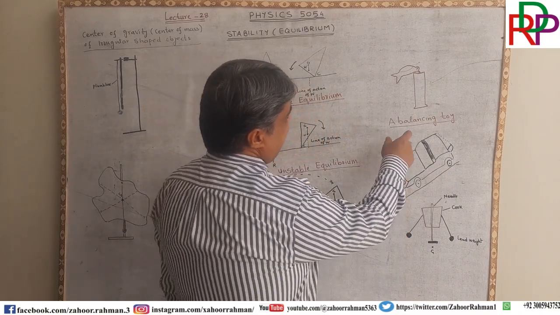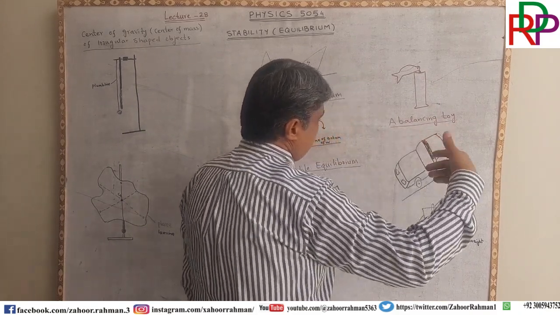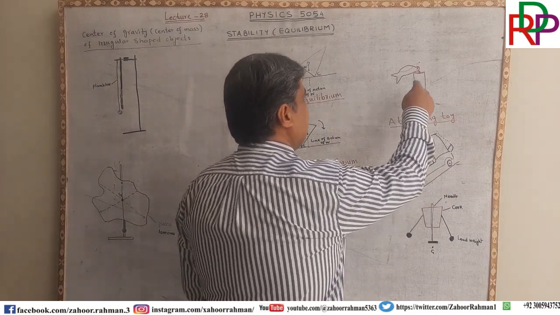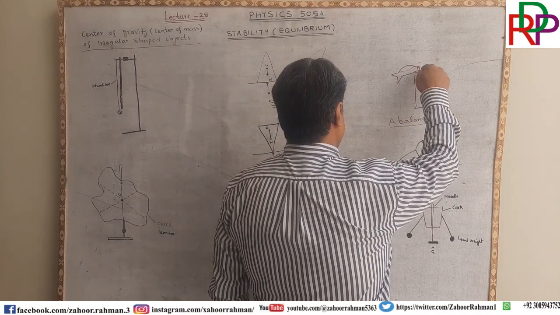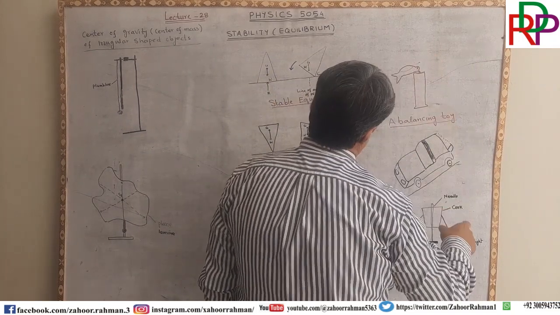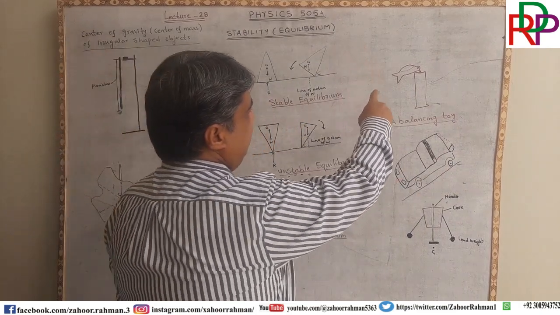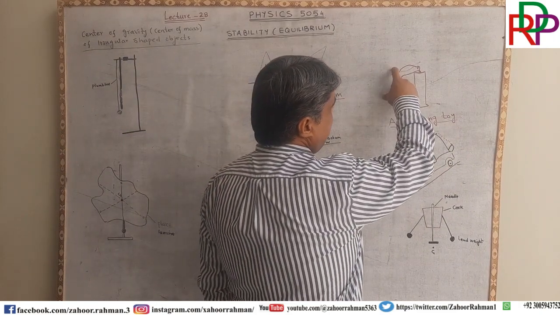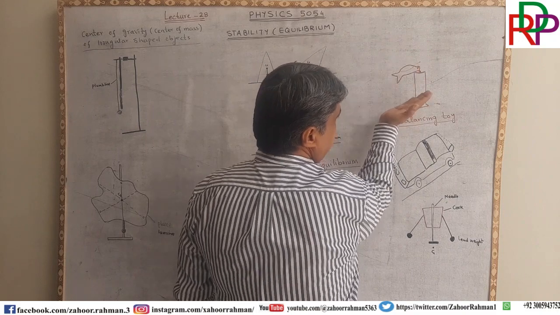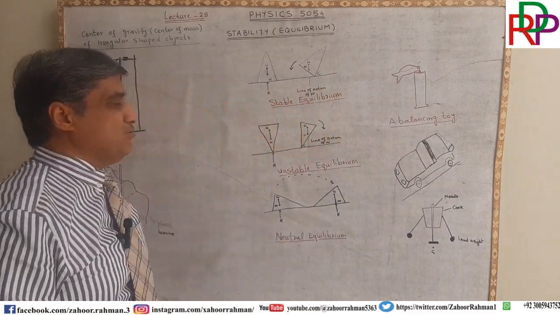There are balancing toys. You might have seen that the beak of that bird is on a pole, and when you push it down, it goes up but does not topple down.